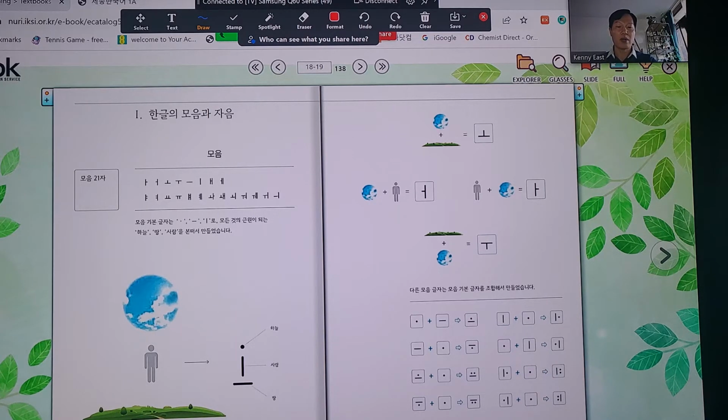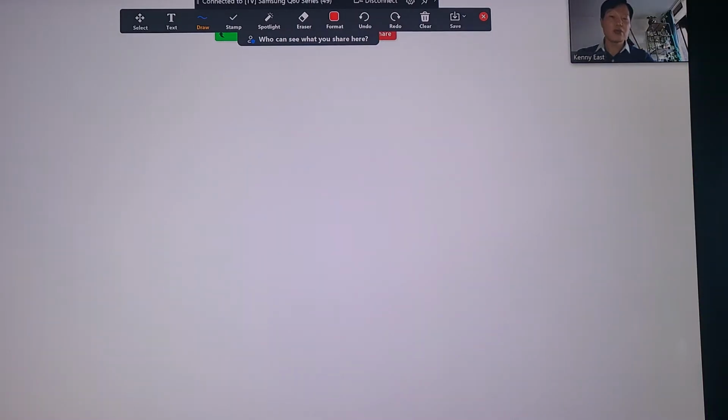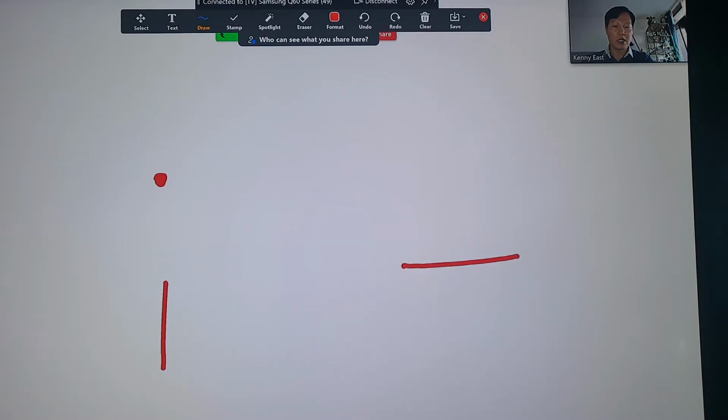How did King Sejong invent these vowels? I'm going to show you on the whiteboard. Korean vowels start from three fundamental symbols: a dot, a vertical stick, and a horizontal stick.